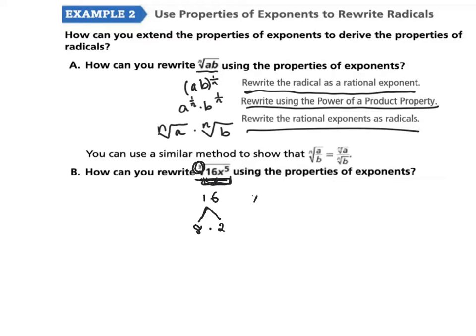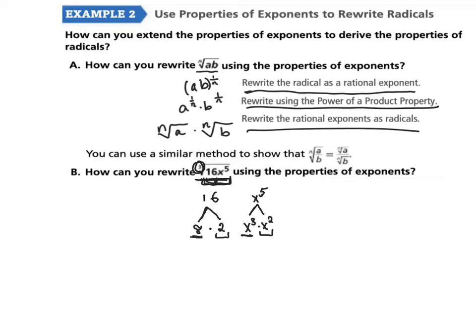Then the next thing we want to do is break down x to the 5th, right? What can we take the cube root of? Well, x to the 3rd, and then x to the 3rd times x squared gives us back this x to the 5th. So we're going to break it down with these pieces and these pieces.